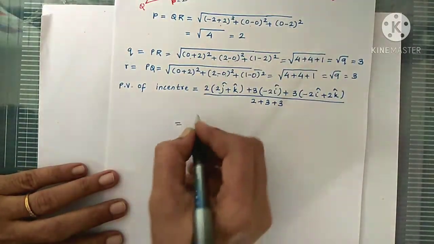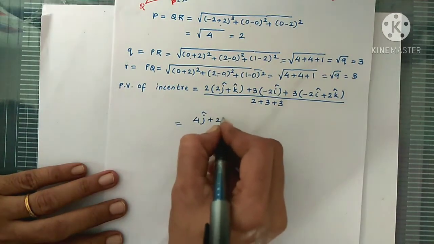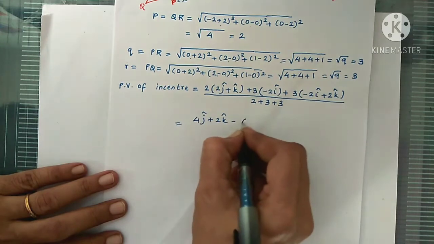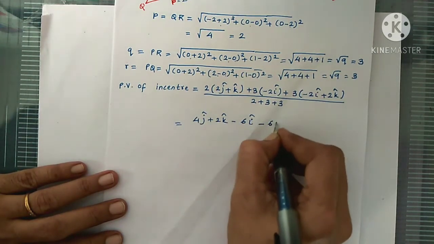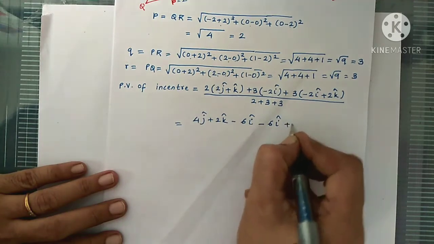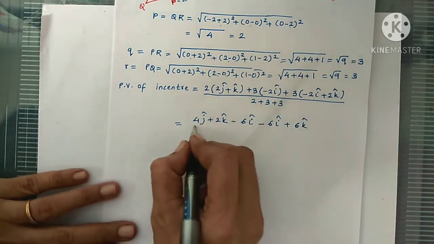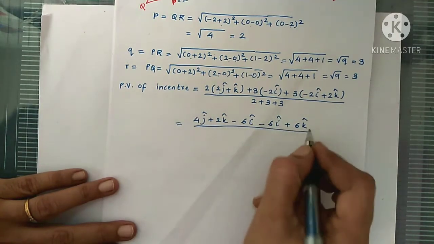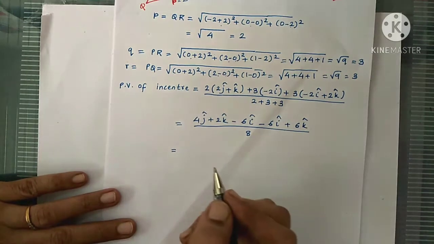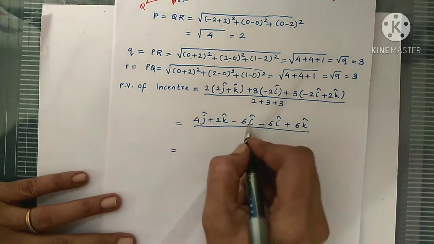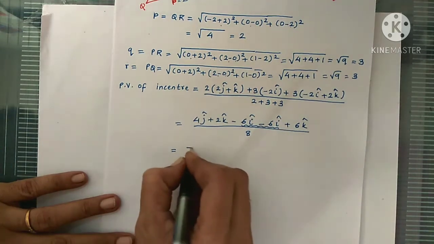So this is equal to 4j cap plus 2k cap minus 6i cap, again minus 6i cap plus 3 into 2, 6k cap, divided by 3 plus 3 is 6, plus 2, that is 8. First let's write out the term in i cap. We have two terms here, and adding those we have minus 12i cap.